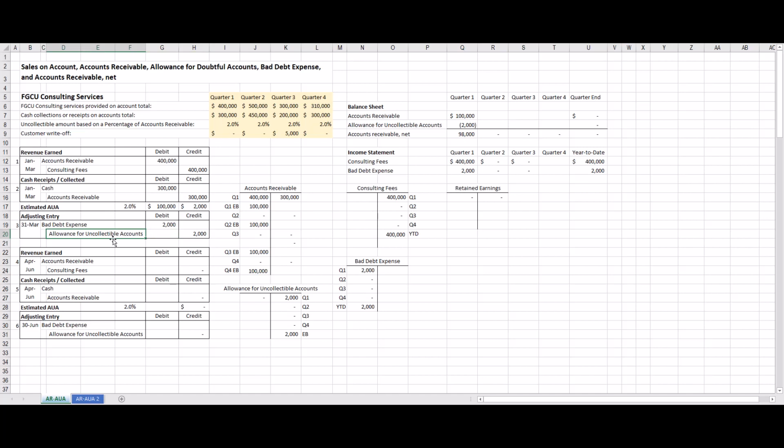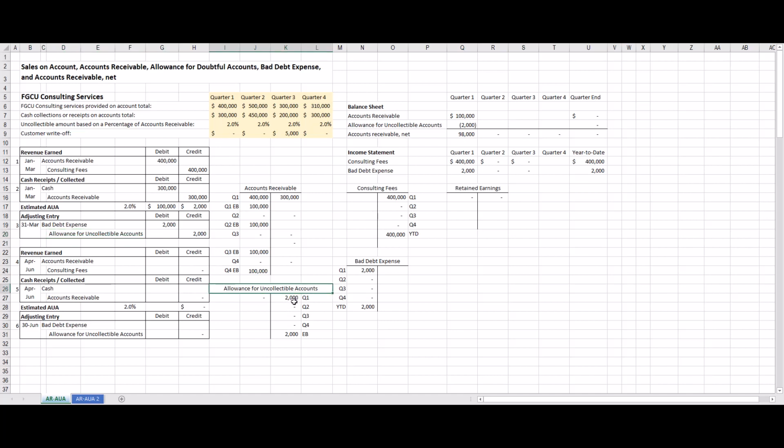The allowance for uncollectible account is credited instead. The allowance for uncollectible accounts is classified as an asset account, but increases on the credit side. Because this asset increases on the credit side, it is more appropriately referred to as a contra asset account.